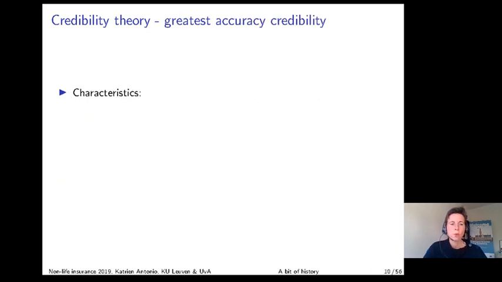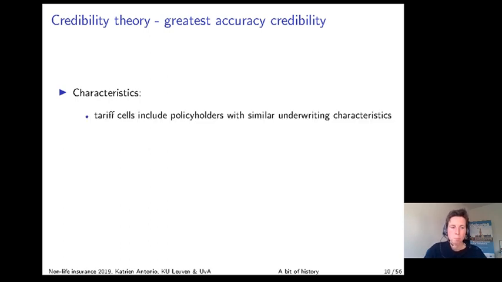Now, our focus will be with the so-called greatest accuracy credibility, and we will cover the basic principles of this framework. Using an a priori tarification model leads to tariff cells or pricing cells which group policyholders with similar underwriting characteristics.